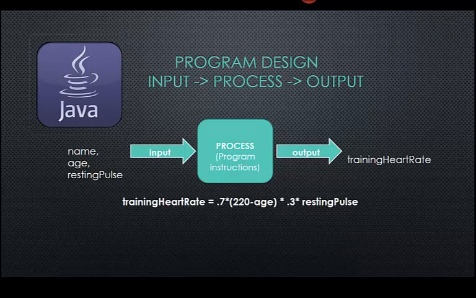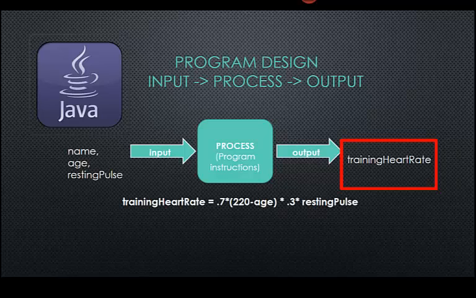It's good to identify the variable names right here and now, so that we are consistent when we start the coding process. We will use name, age, and resting pulse for our inputs. We will use training heart rate for the output.